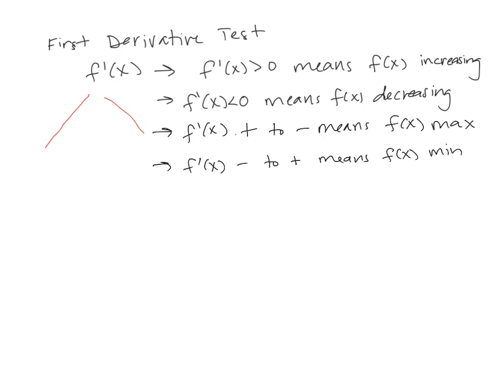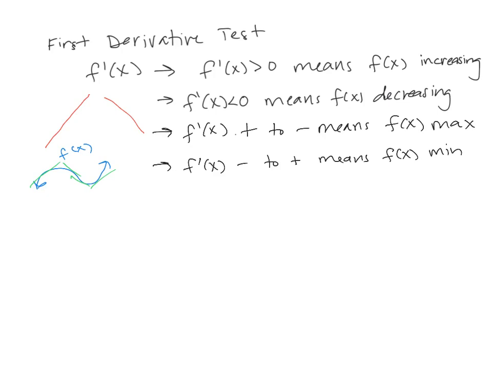Again, not new news. This is old news, okay? So here's my graph of f. And notice that my slopes to start this curve are changing from positive slopes of the tangent lines to negative slopes. F has a max. My slopes change from negative slopes to positive slopes for the tangent lines, and so I have a min.